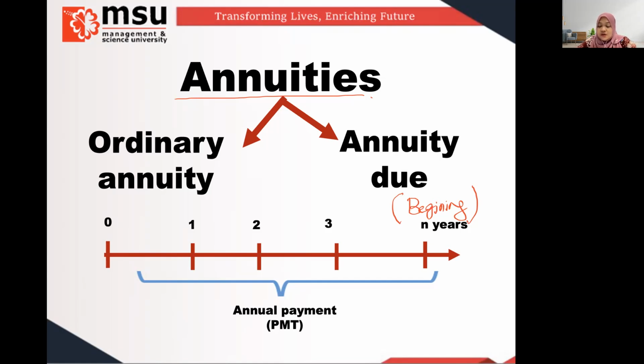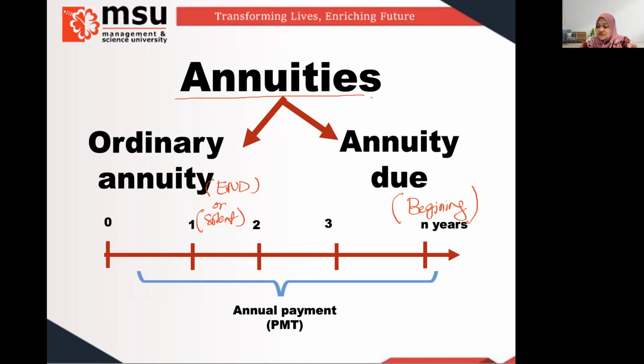for ordinary annuity, the keyword will be at the end, or the question will say nothing on the payment. So basically, it's either silent on the method of the payment, or it clearly states that the payment happens at the end of every year, so it is ordinary annuity.